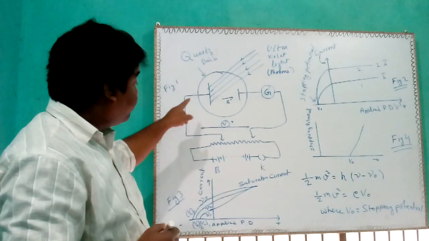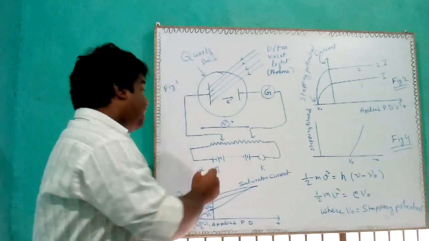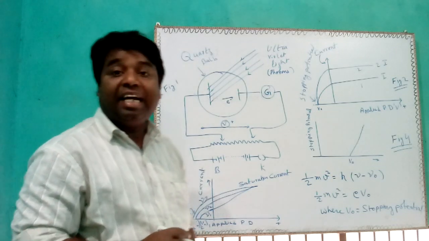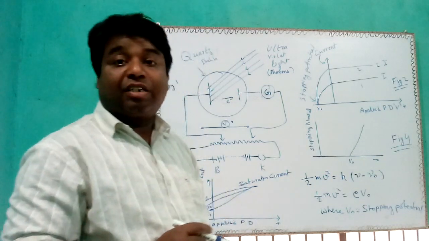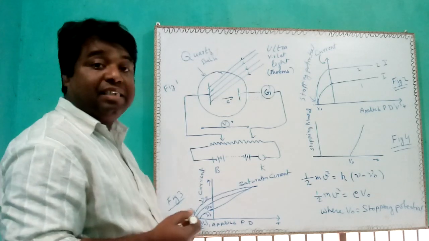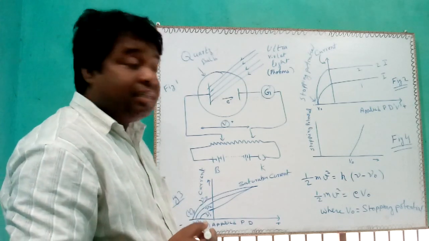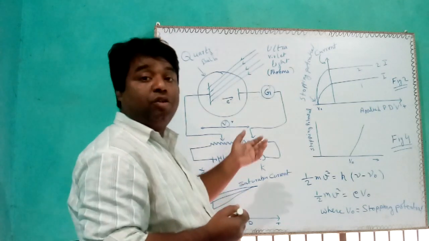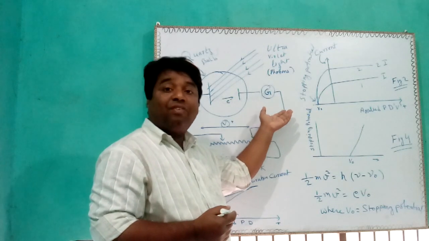A potential difference is applied using a rheostat, a potential source and a key across the two electrodes, and the potential is varied until we suddenly observe a small amount of current in the galvanometer.